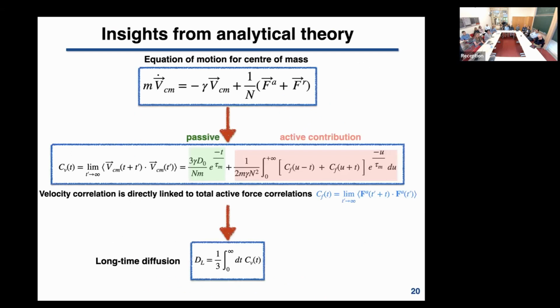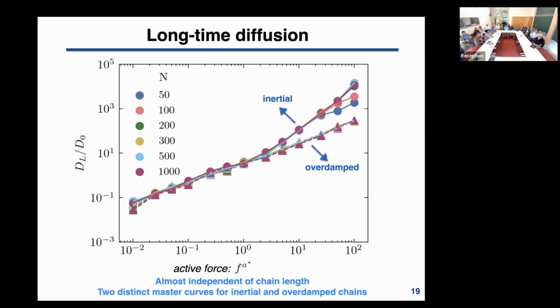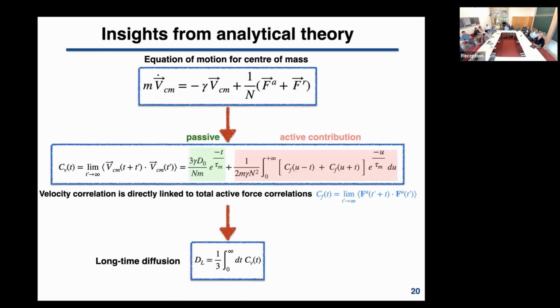So the question was how we can understand this enhanced diffusion because of inertia. We said we just do a typical calculation: write the equations of every monomer, get the damping factor, and then you get the sum of total active forces and total random noises.